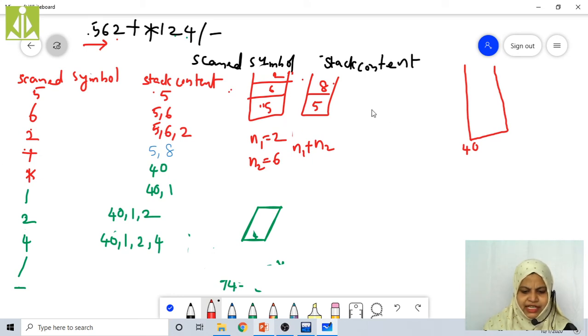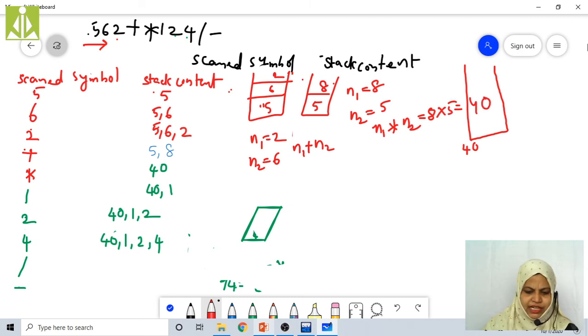Now star is there. Star means n1 equals 8, n2 equals 5, then n1 star n2, that is 40, so I am going to put 40 here, right? Up to here completed. Next is 1, now the stack consists of 40 comma 1, right?